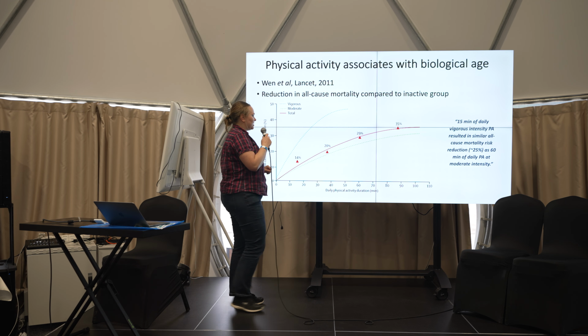If you look here, even moderate physical activity is important, and this is an average. So basically, the take-home message was that 50 minutes of daily vigorous intensity physical activity resulted in a similar all-cause mortality risk reduction, 25%, as 60 minutes of daily physical activity at moderate intensity.